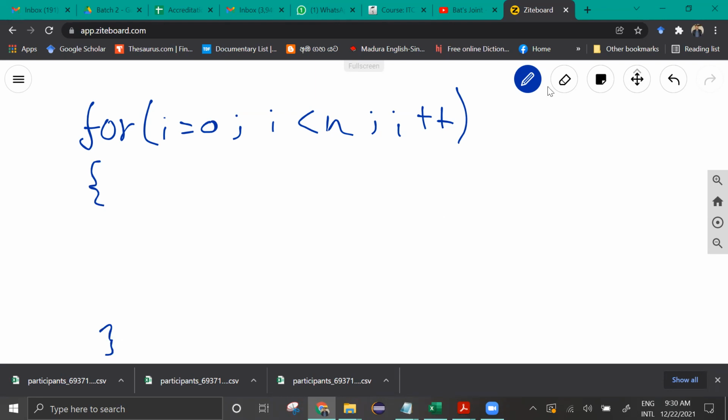In the inner loop, j equals 0, and j is less than or equal to i.